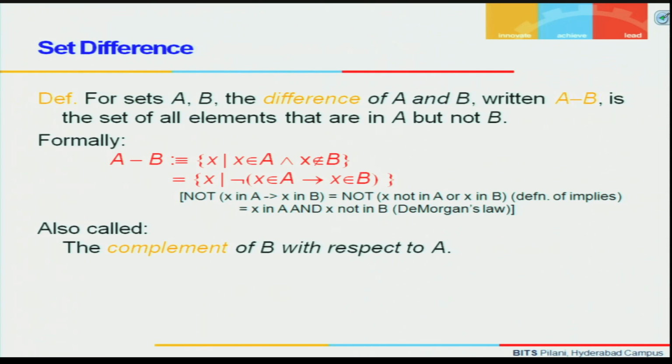And the complement, the difference of a set, has been defined like this. If you got two sets A and B, the set difference A minus B is defined as a set of elements such that X should be there in A and that element should not be there in the set B. All such elements are going to be part of this set, that is A minus B. A minus B typically contains all the elements that are there in A but not in B. This is what the definition is.